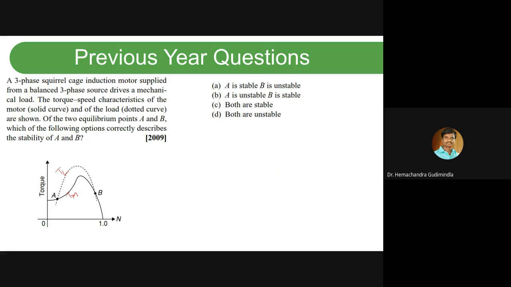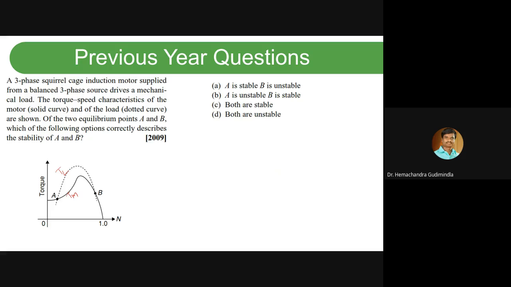Which of the following options correctly describes the stability of A and B? Whether A is stable, B is stable, both are unstable, or both are stable, we have to find.